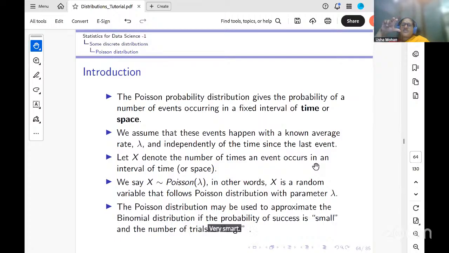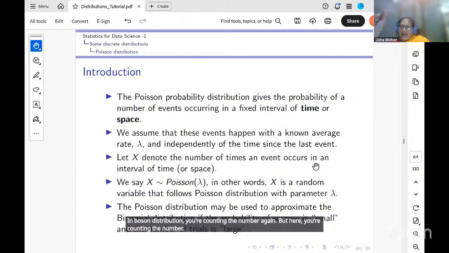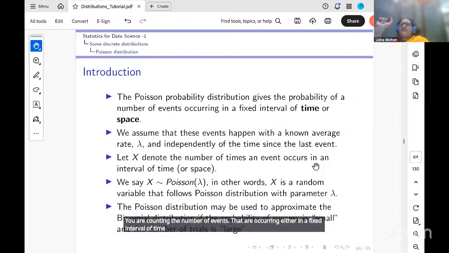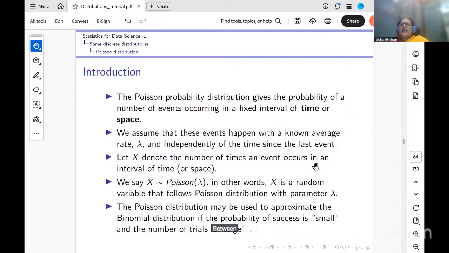In the Poisson distribution, you are counting the number of events occurring in a fixed interval of time or space. For example, counting the number of vehicles passing through a traffic intersection between 9 a.m. and 12 noon. There's a fixed interval of time.